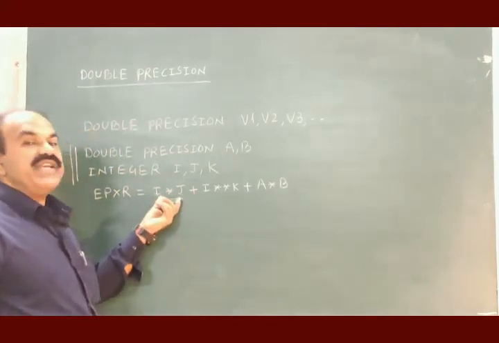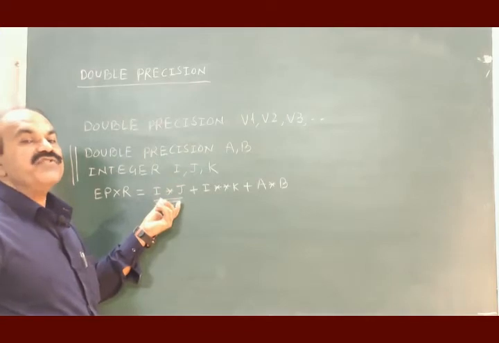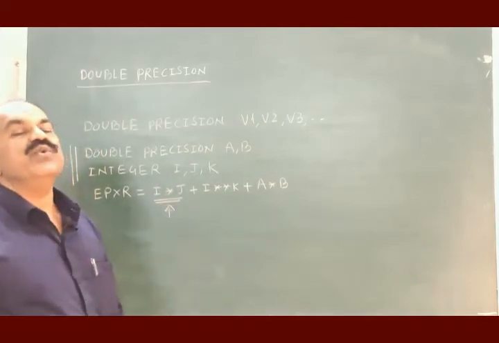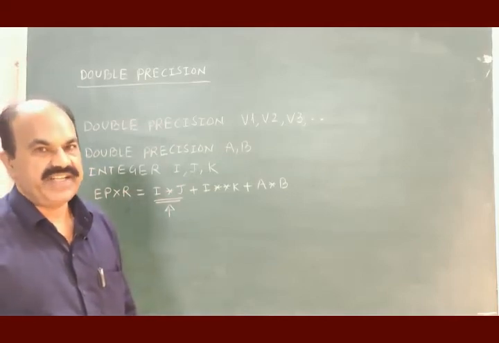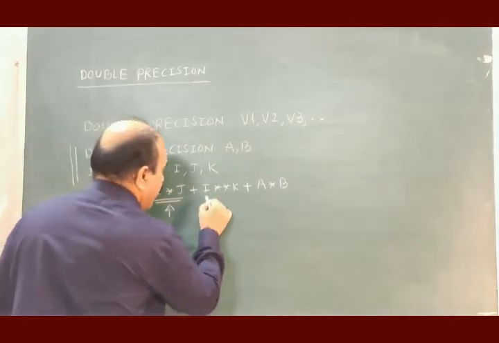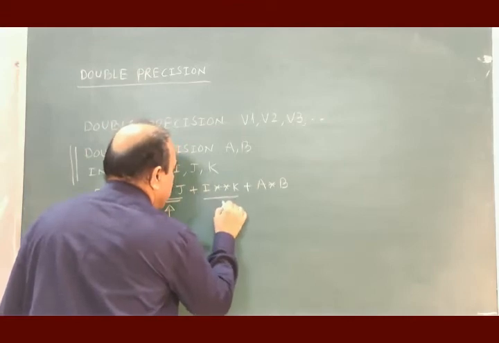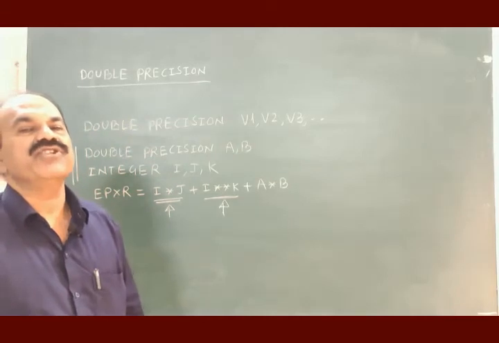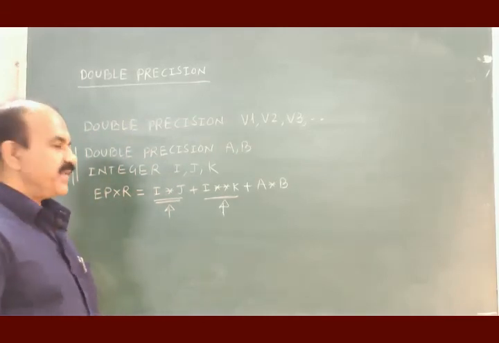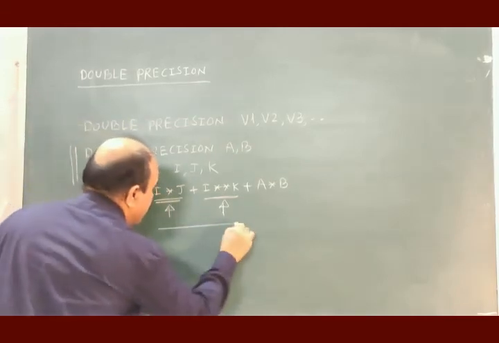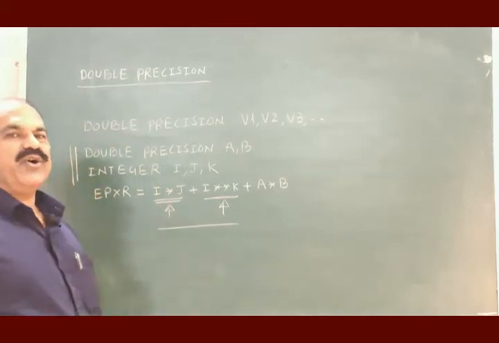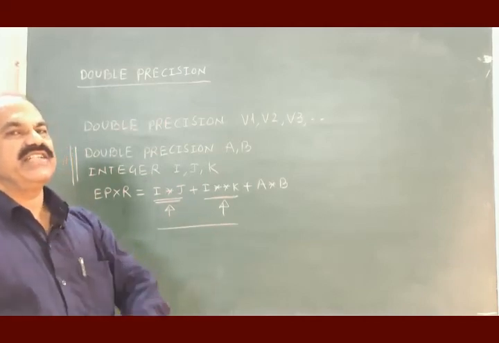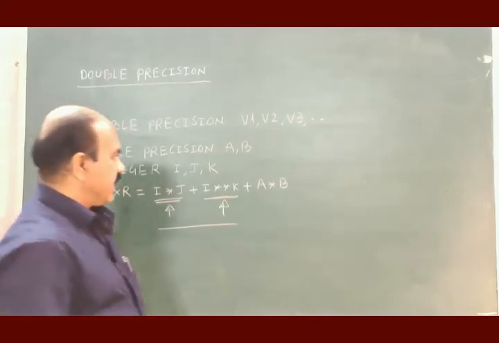When I into J is worked out, it will be worked out as an integer expression. When I to the power K is worked out, it will be worked out as an integer expression. When the sum of these two is carried out, it will be integer arithmetic.